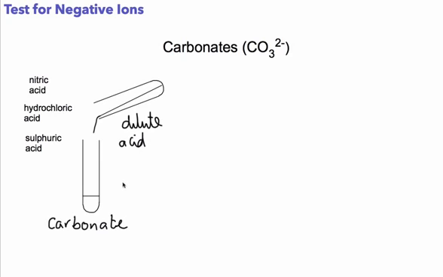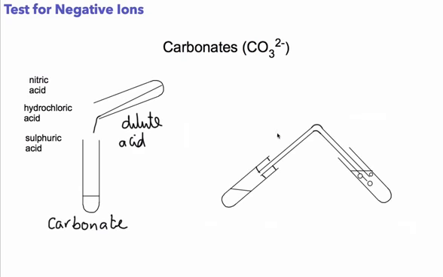The fizz is the release of carbon dioxide, and we can test that simply by taking that gas and putting it through a tube through some lime water. So what we do is we have some lime water here.